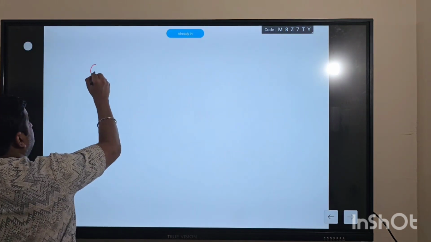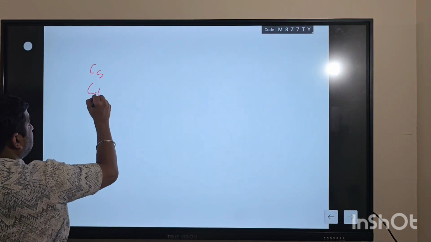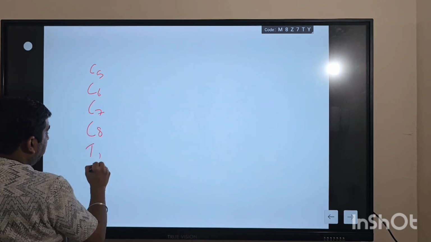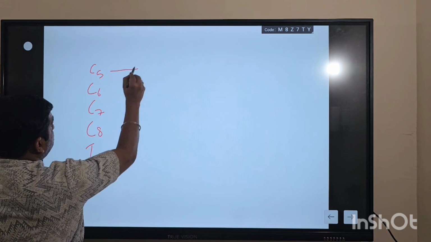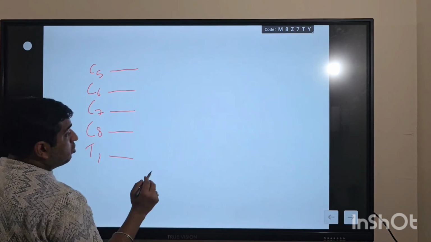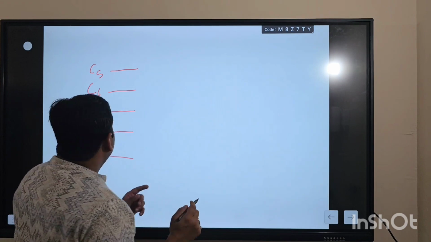So C5, C6, C7, C8 and T1. So we have, say, roots. These roots will combine to form trunks.